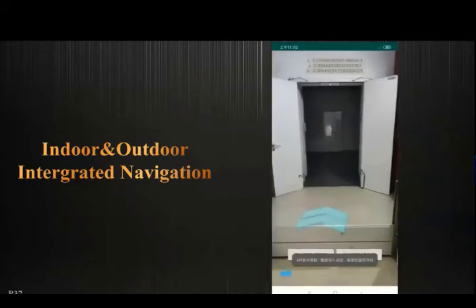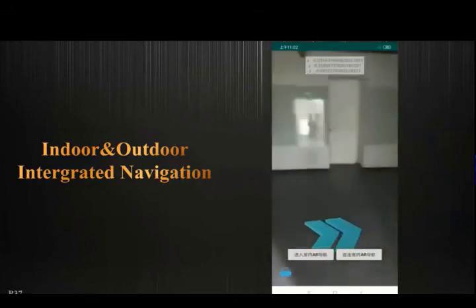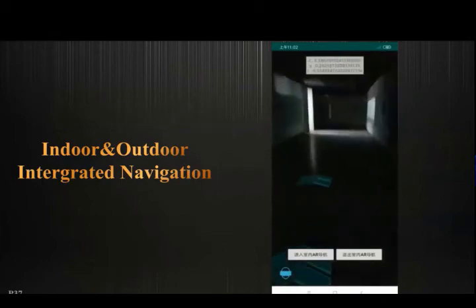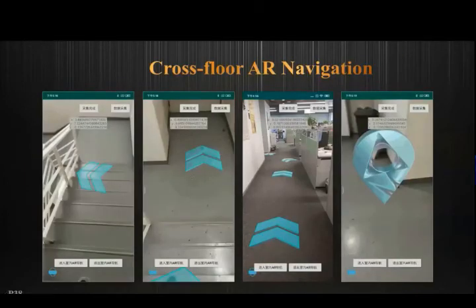It also could provide signs when we enter buildings. It can switch to indoor navigation automatically. In addition, for the indoor navigation, you could see clear signs for cross-floor navigation.